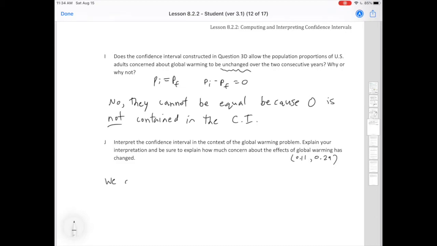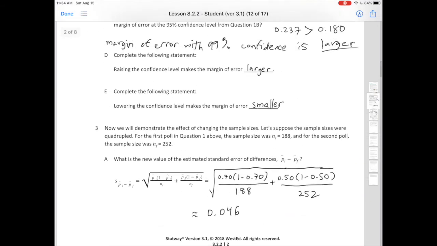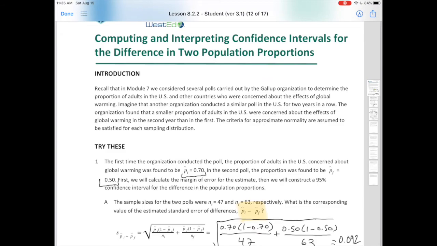So we are 95% confident that the proportion, let me make sure that I don't say this wrong.